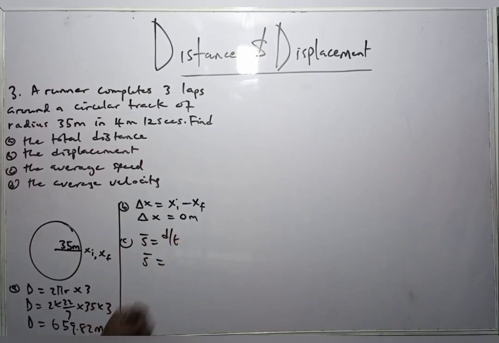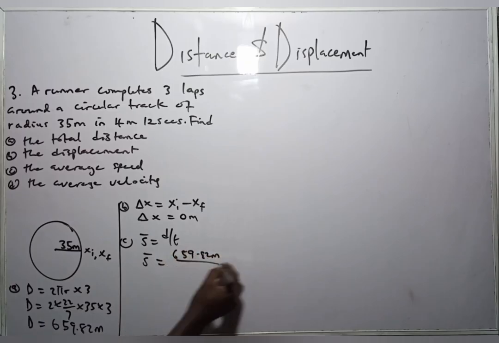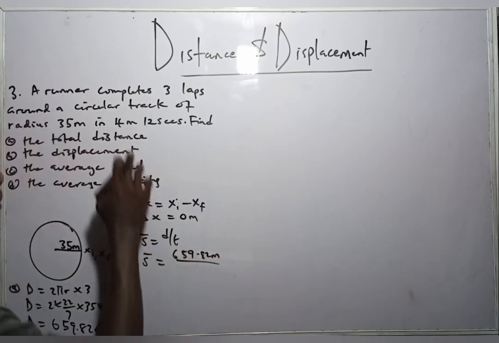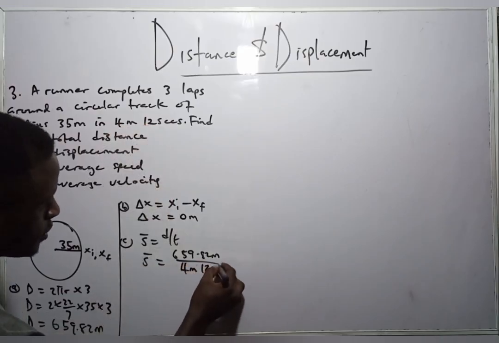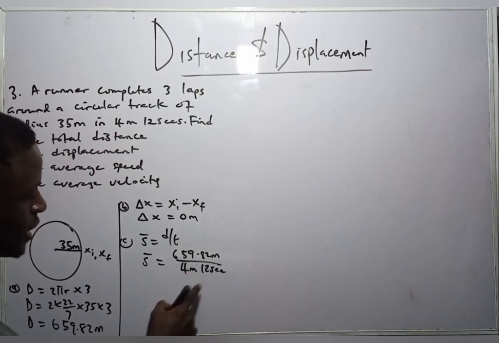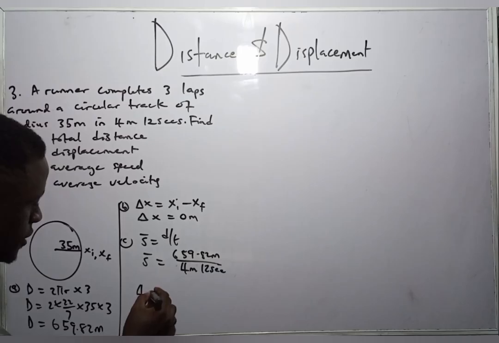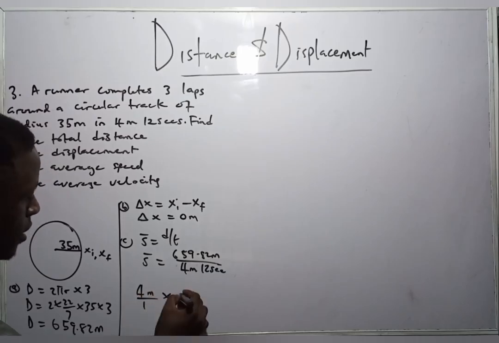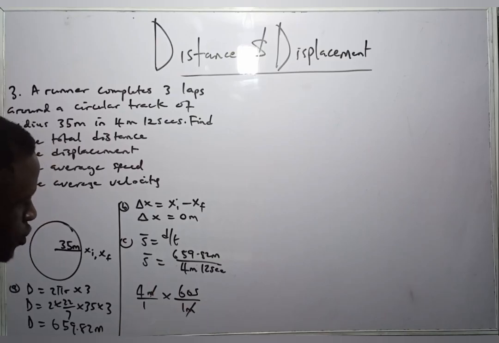Average speed is equal to 659.82 meters over the time given, which is 4 minutes 12 seconds. But I want to convert this 4 minutes to seconds so that everything can be in seconds together. So how do I do that? I will say 4 minutes over 1 times 60 seconds over 1 minute. 1 will cancel 1, and then 4 will multiply 60.